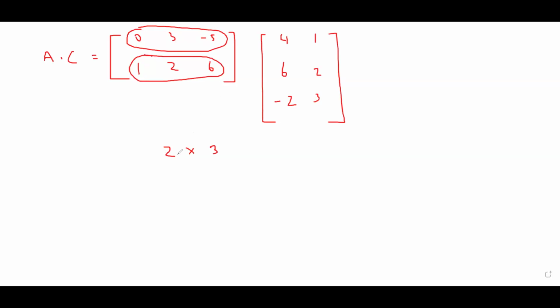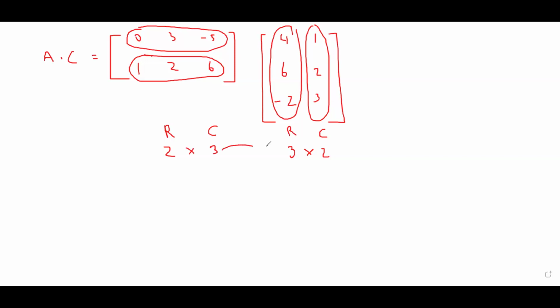So the number of rows is always in the first place, and the number of columns always in the second place. And for the second matrix, we're going to have 3 rows and 2 columns. So there'll be 2 columns, and the number of columns is again in the second place, and 3 rows in the first.